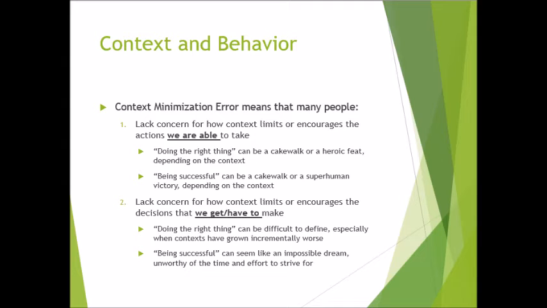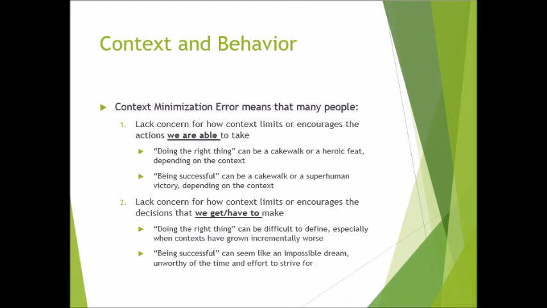So doing the right thing in some situations is really easy, and if we've only ever been in easy situations to do the right thing, or we see other people in easy situations doing the right thing, we think, wow, what a wonderful person, but it's not superhuman for them to do the right thing in that context.